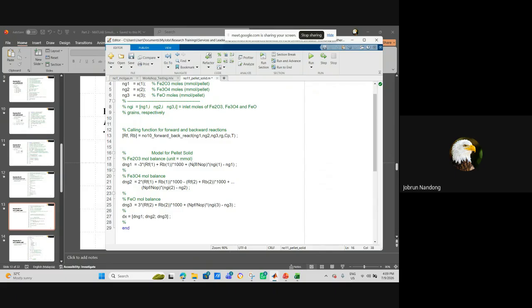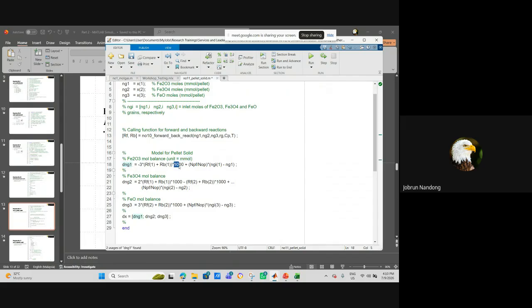They say this is a typo, but that typo is not an issue because it's not executed. It's just a note. So here again, I want this to be expressed in millimole. This is millimole because if I use mole, it's too small, so I increase it so that the figure is larger.